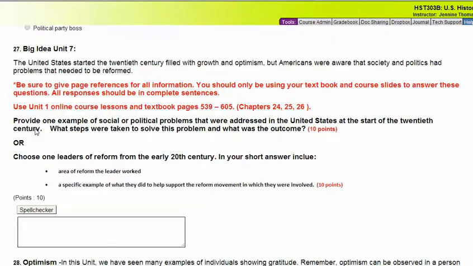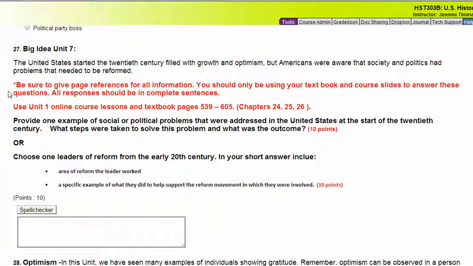Number 27 is your first short answer question. The United States started the 20th century filled with growth and optimism, but Americans were aware that society and politics had problems that needed to be reformed. That was the big idea for Unit 7. Be sure to give page references for all the information you provide in your short answer. You should only be using your textbook and course slides to answer these questions. All responses should be in complete sentences.